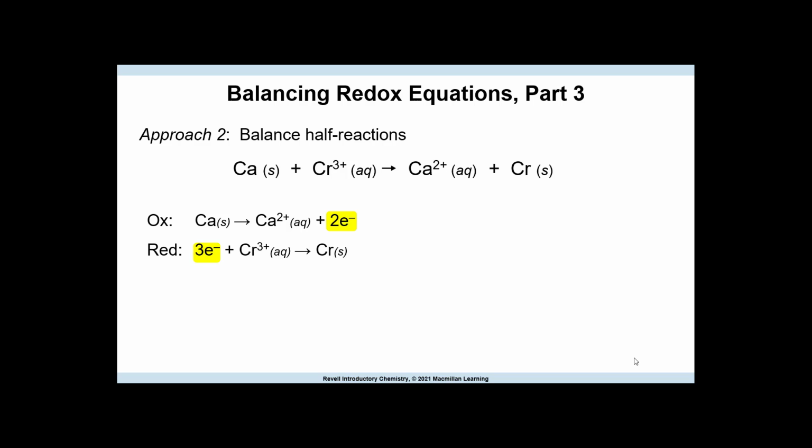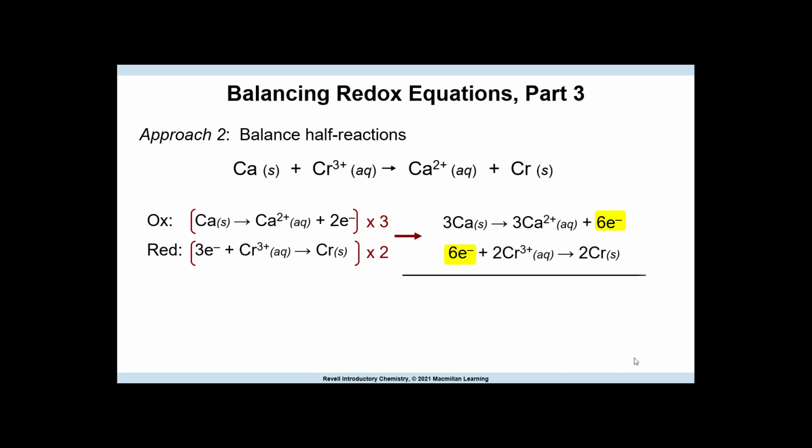In order to balance an oxidation-reduction reaction, the electrons lost in the oxidation must equal the electrons gained in the reduction. To make the electrons equal, we multiply each species in the oxidation by a factor of 3, and each species in the reduction by a factor of 2. Now 6 electrons are lost in the oxidation, and 6 electrons are gained in the reduction.